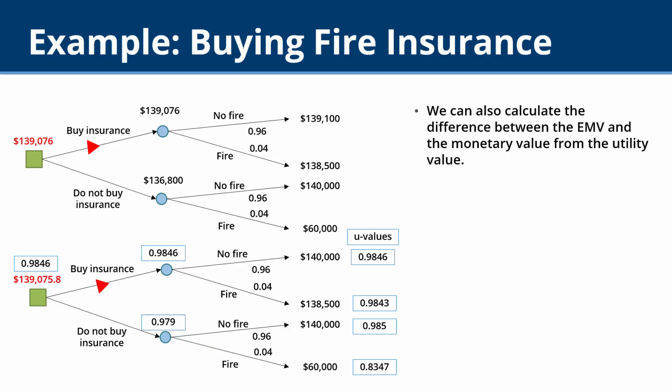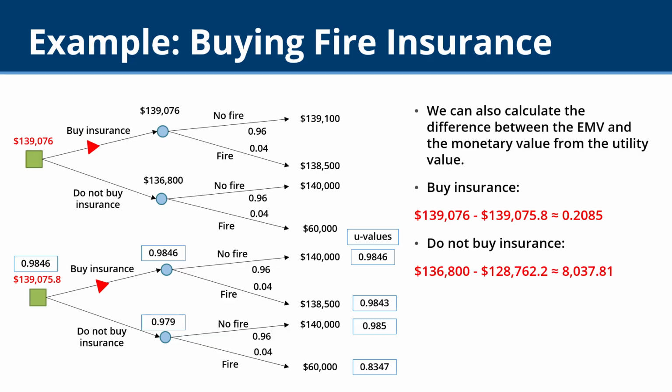Another way of looking at this is the following. If you look at the buy insurance option, the difference between taking the EMV approach and taking the expected utility and converting it to the monetary value is very small, almost negligible. But for the do not buy insurance branch, the difference in the monetary value is quite large.